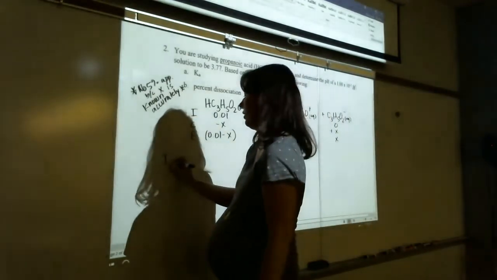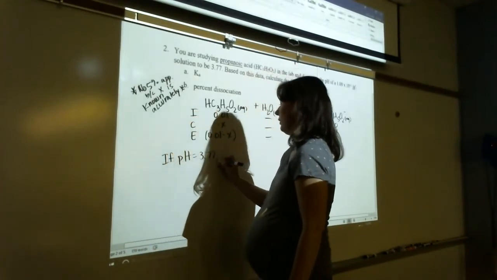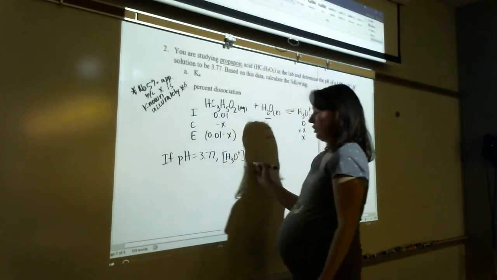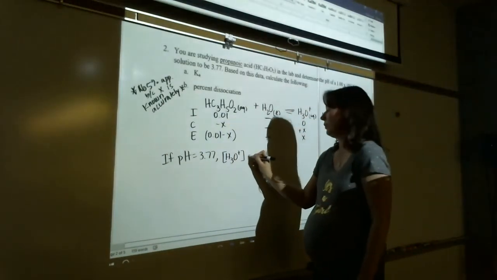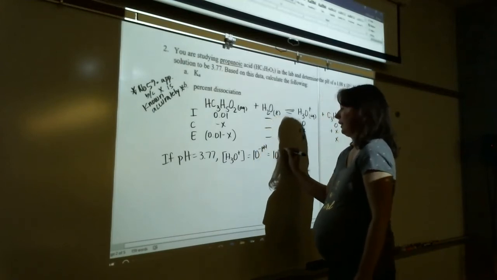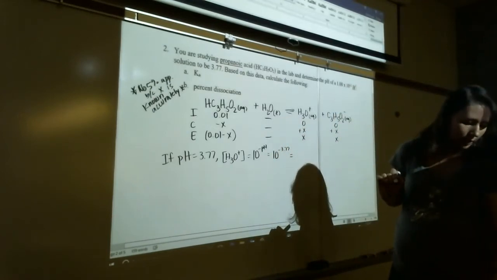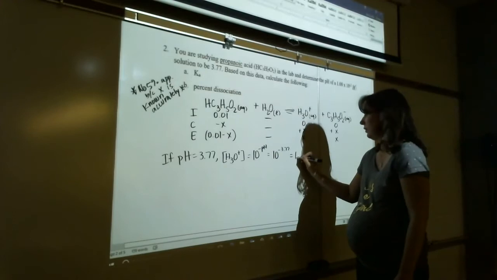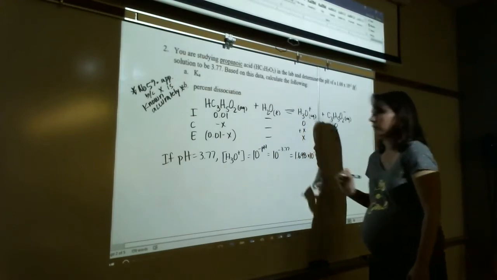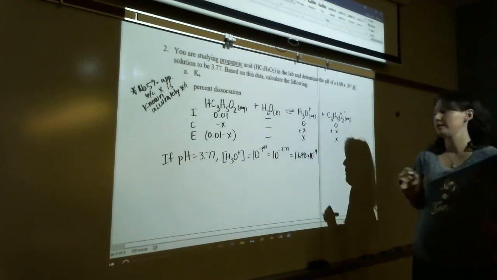If pH is 3.77, then H3O plus, which is the value of x, would be 10 to the negative pH. So that's 10 to the negative 3.77. So I got 1.698 times 10 to the negative fourth. Do we agree on that value for x?